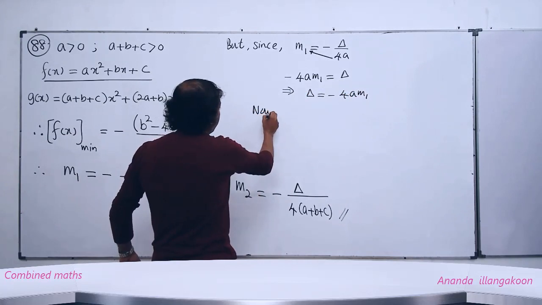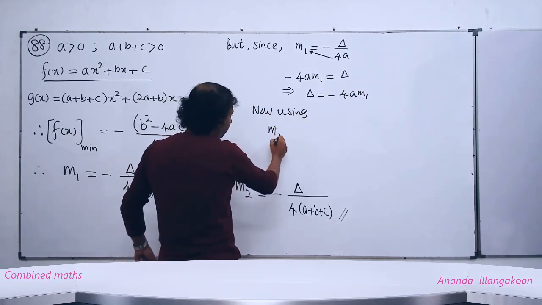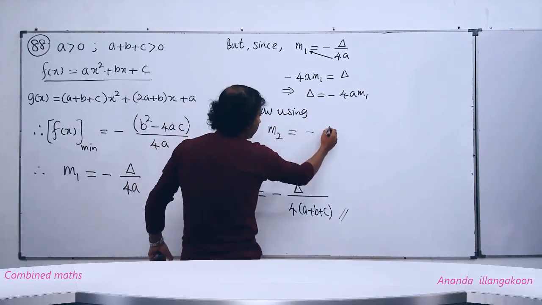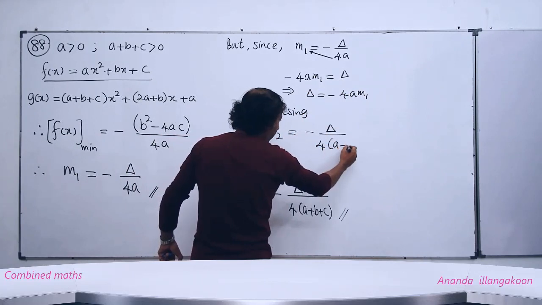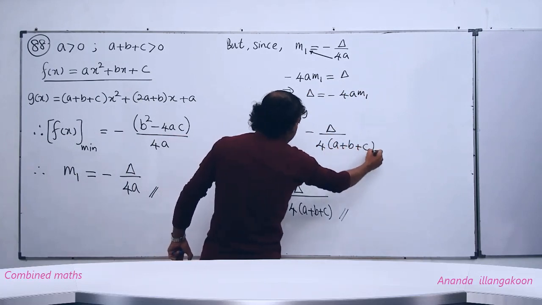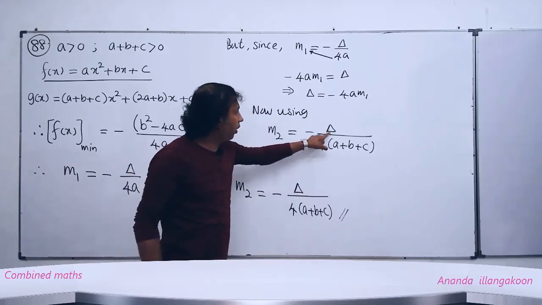Now using m2 equals minus delta divided by 4 times a plus b plus c. Substitute for this delta, this answer.